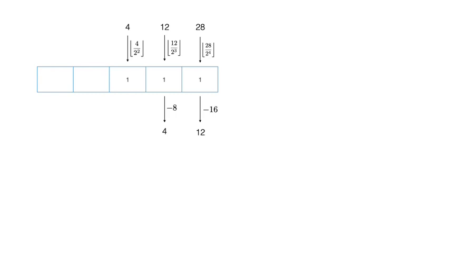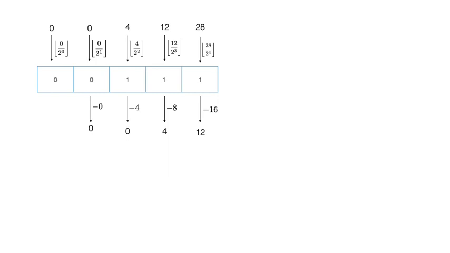This gives us another 1, and then we subtract what that represents from our number to get 0. It is then straightforward to show that the final 2 digits of binary are 0, which we get by doing 0 divided by 2 to the 1, and 0 again, which we get by dividing 0 by 2 to the 0.